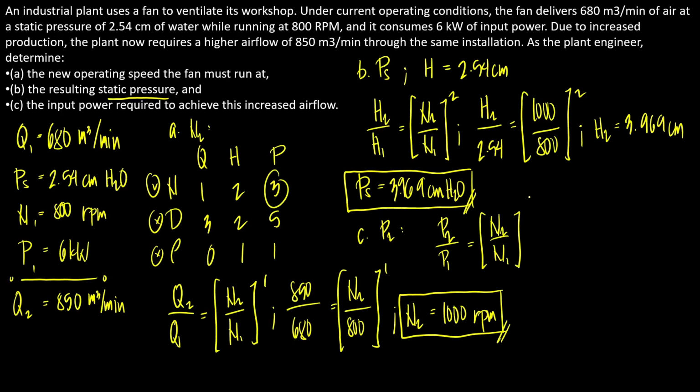It's number 3 here, so cubed. So P2 over P1 of 6 kilowatts, and then 1000 over 800 cubed. So we would have P2 of 6 times 1000 over 800 cubed, which is 11.719 kilowatts.